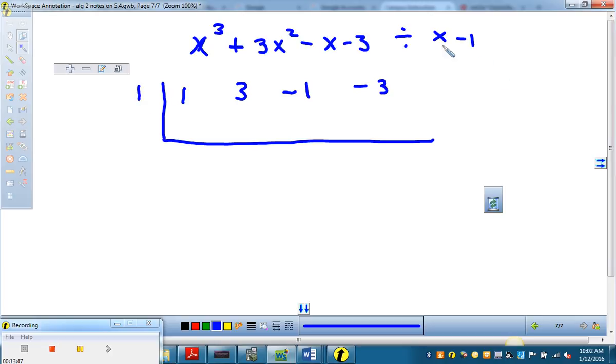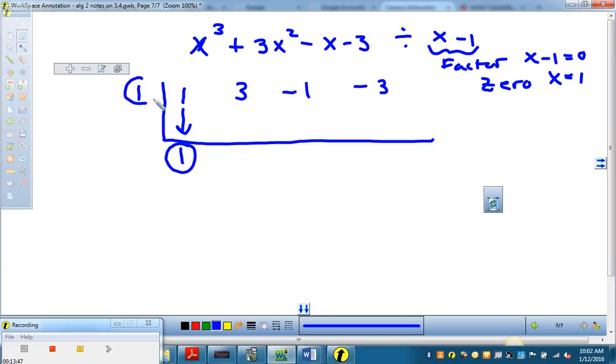Positive 1. The factor is x minus 1. The 0 is when we take x minus 1 equals 0 and solve, x equals 1. All right, bring down your first coefficient, and now we multiply and add.